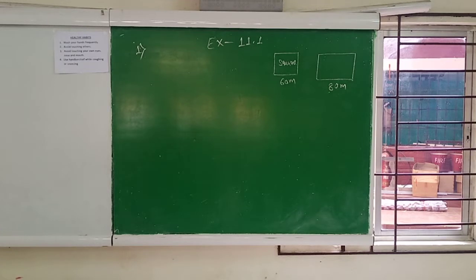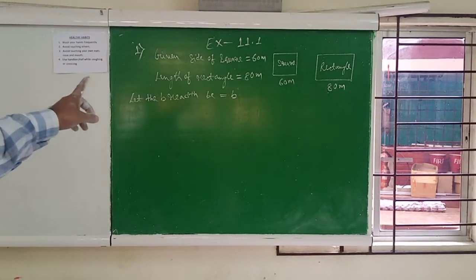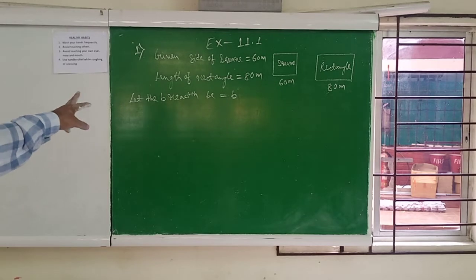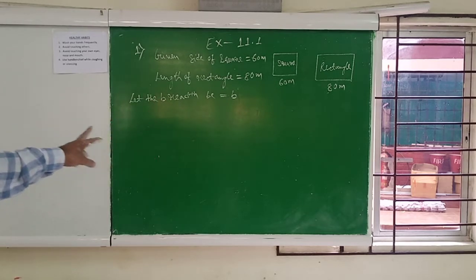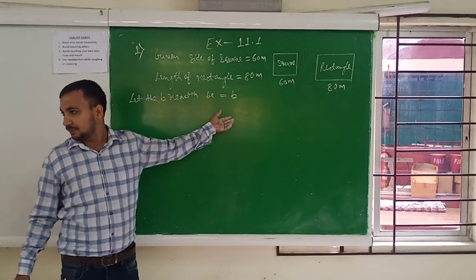The breadth of rectangle is not given. But the question says that perimeter of square is equals to perimeter of rectangle. So we will use that. Whatever is given I have written there. Given side of a square is 60 meter, length of a rectangle is 80 meter, let the breadth of the rectangle be B.